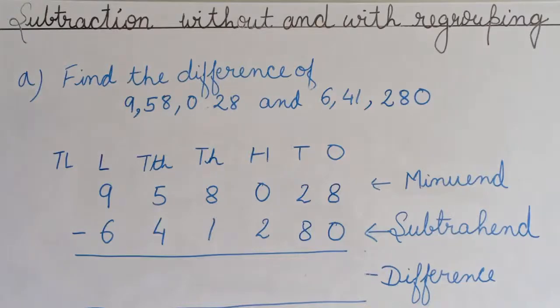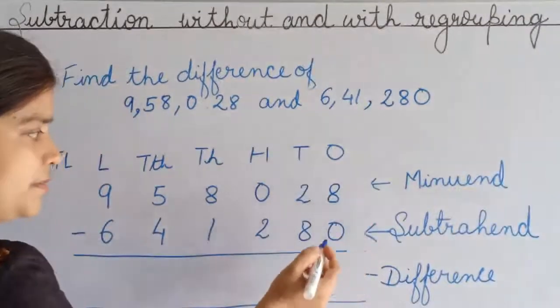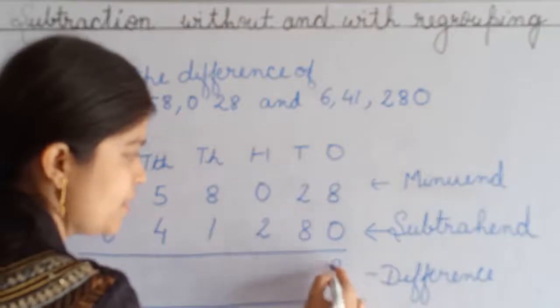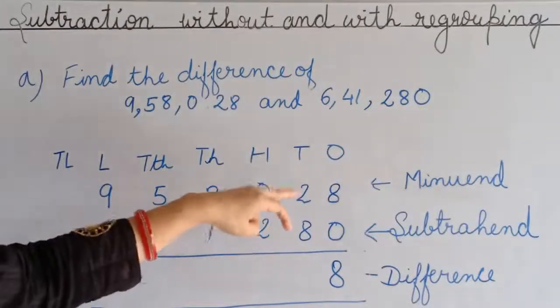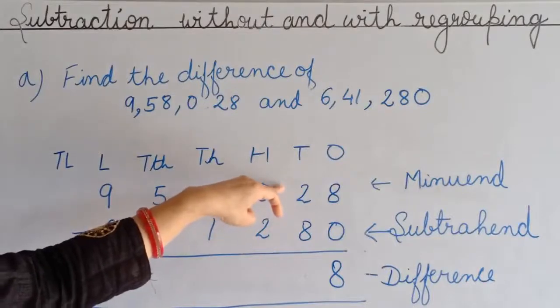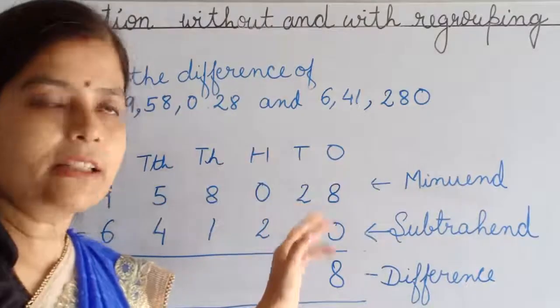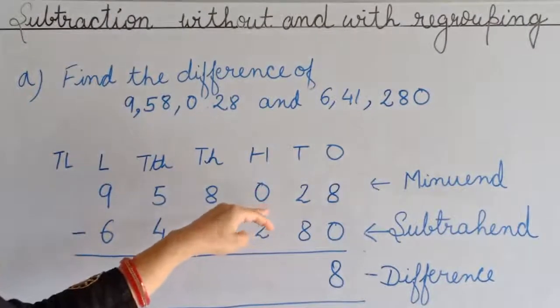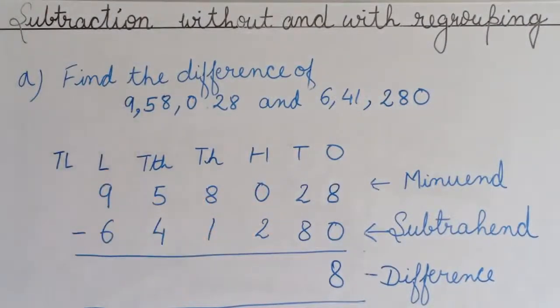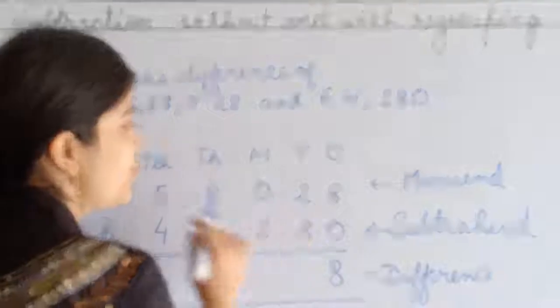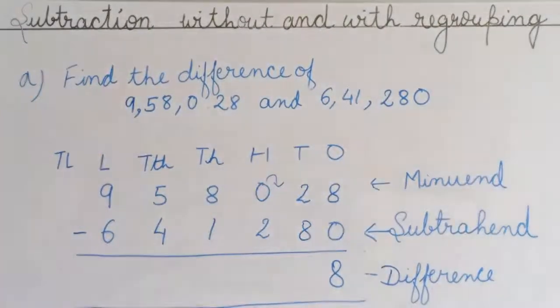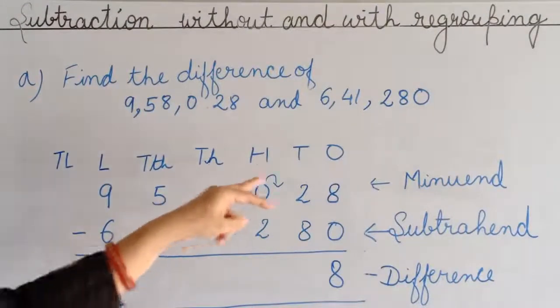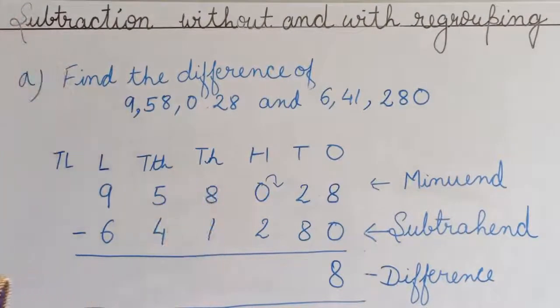So start from here. 8 minus 0 is 8. But we can't subtract 8 tens from 2 tens. Can we subtract 8 tens from 2 tens? No. So this tens place has to borrow 100 from the 100 place. They have to borrow 100, then it will now become 12 tens.